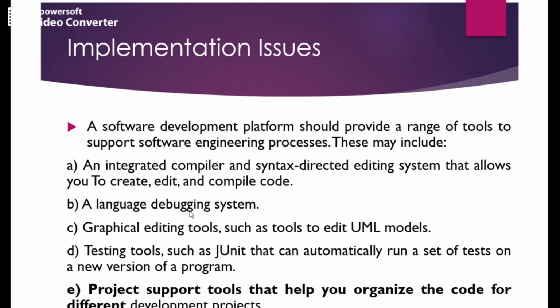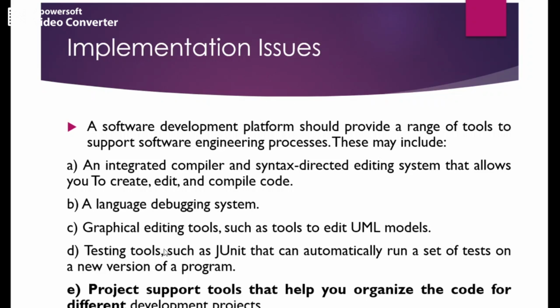Second one is a language debugging system. You have written the code, you can debug it to see whether there are any errors or not. So you need a debugger. C is graphical editing tools. This is for graphical design, graphical editing tools, such as tools to edit your UML models. If you are using any UML models, you can edit them using these graphical editing tools.